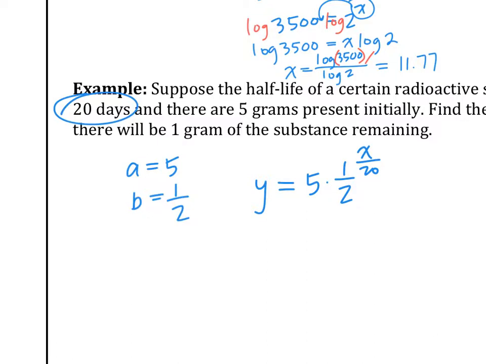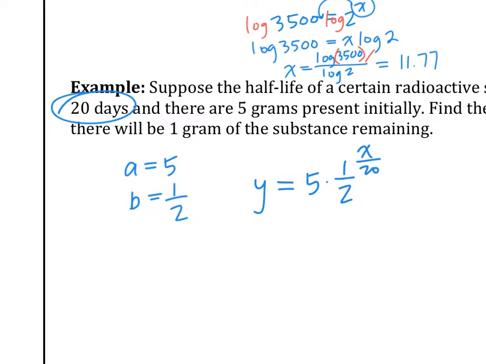Now, do you have to put this 20 days in there? It depends. You just have to know what you're looking for. It's every 20 days it's going to decrease by half. So if they're asking you how many days, every 20 days there's a cycle, so you're putting the 20 days in. If you don't, you might be overestimating how many days or how many cycles are happening.